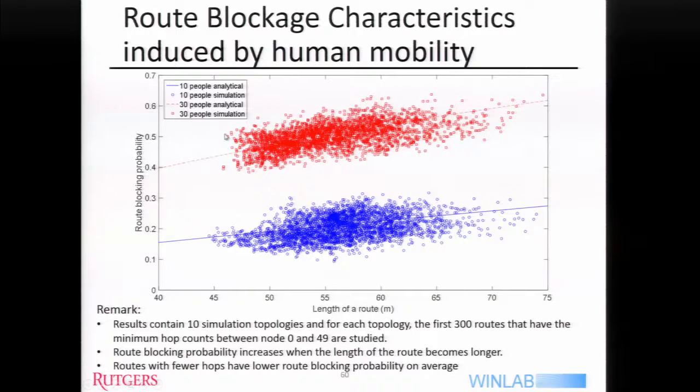When there are 10 people in the network and 30 people in the network, we can see that it increases as the length of the route increases. But we can see that with 30 people in the network, the route blocking probability is really high, more than 50%. The probability that a link or route will be blocked is high if there are people in the network.